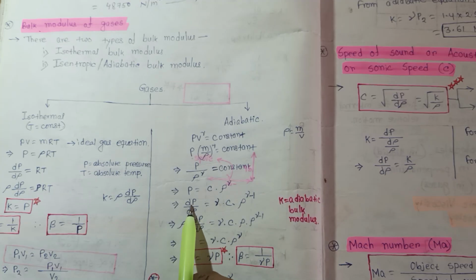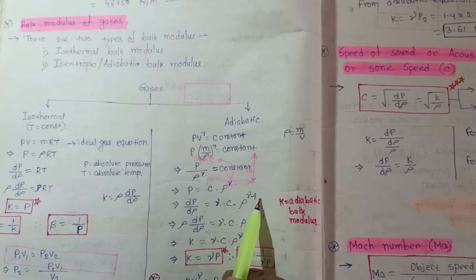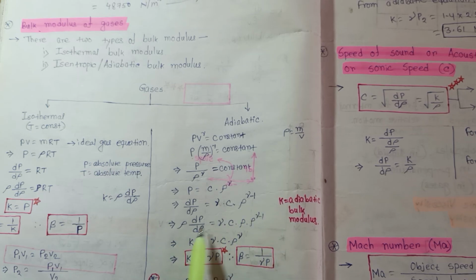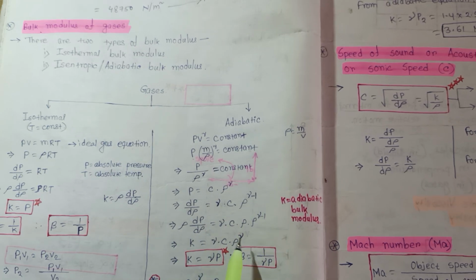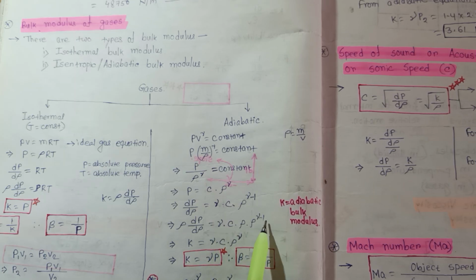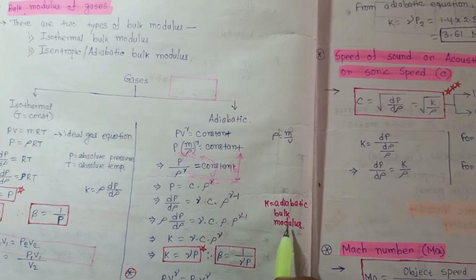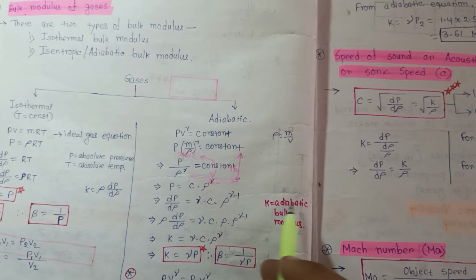So dP by d rho equals gamma into C rho to the power gamma minus 1, and multiplying by rho on both sides, rho dP by d rho equals gamma C rho to the power gamma minus 1 times rho. Here K is the adiabatic bulk modulus.